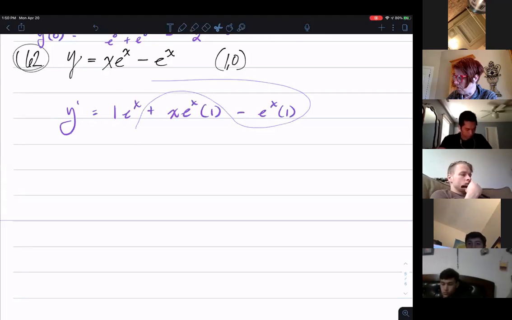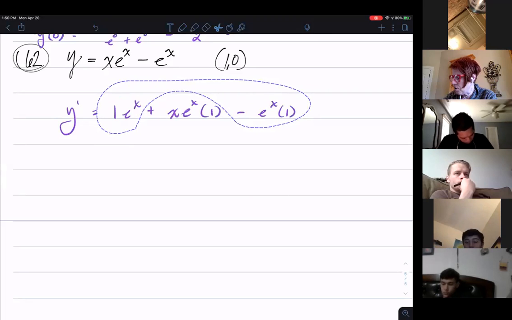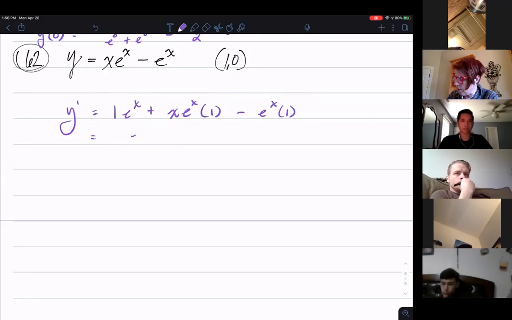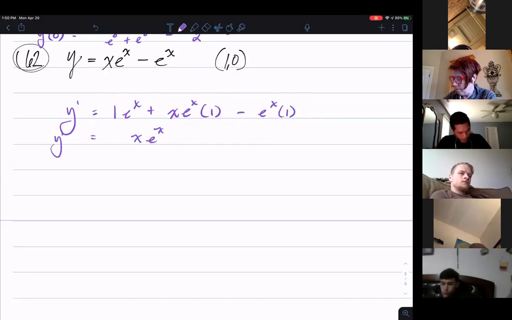So the first term and the third term are identical to each other and they're being subtracted, so those two can zero each other out. And once they zero each other out, I'm only left with x e to the x. So this is my generic derivative. So now what?